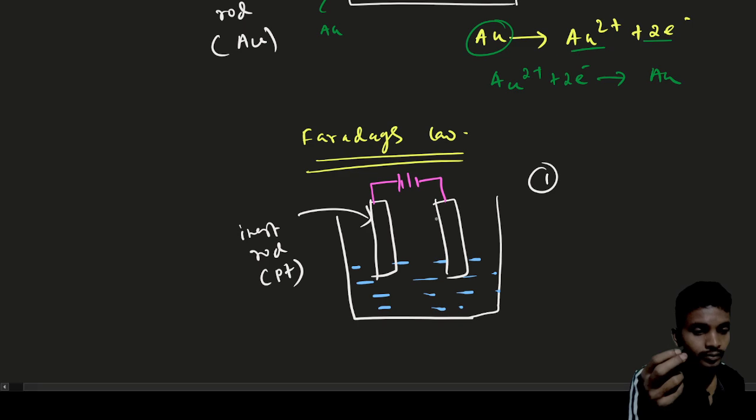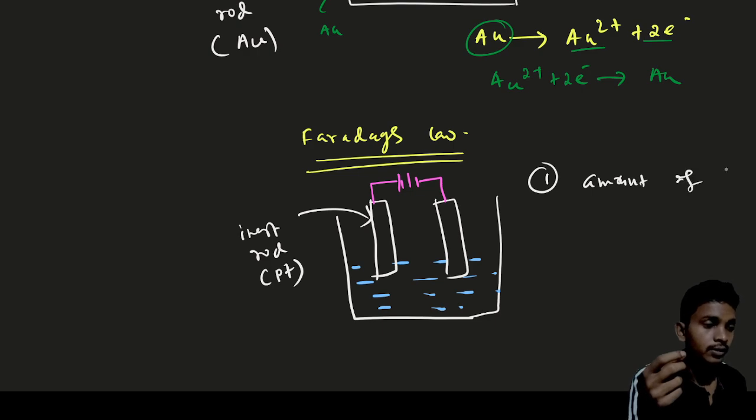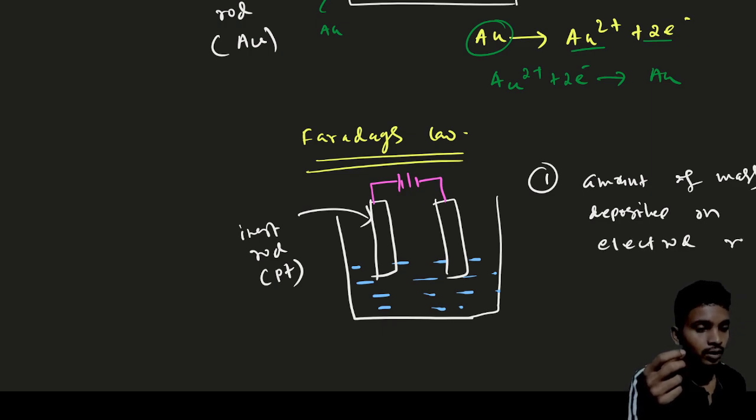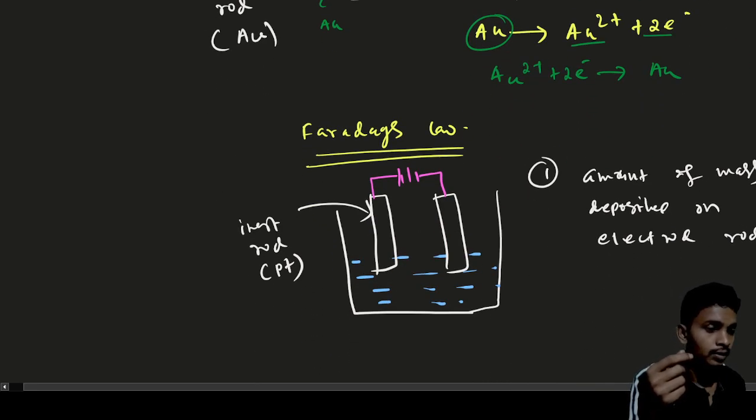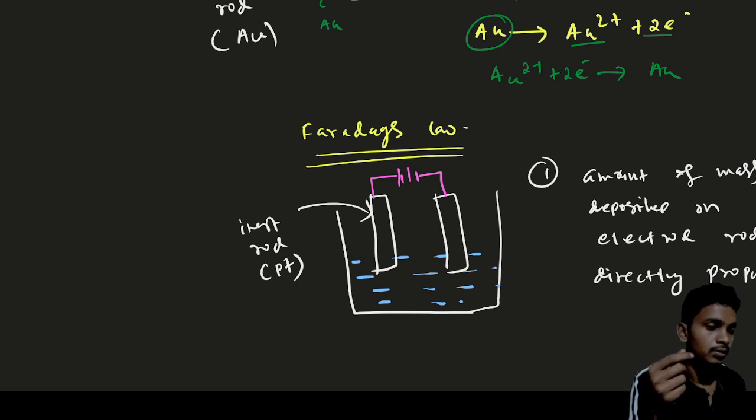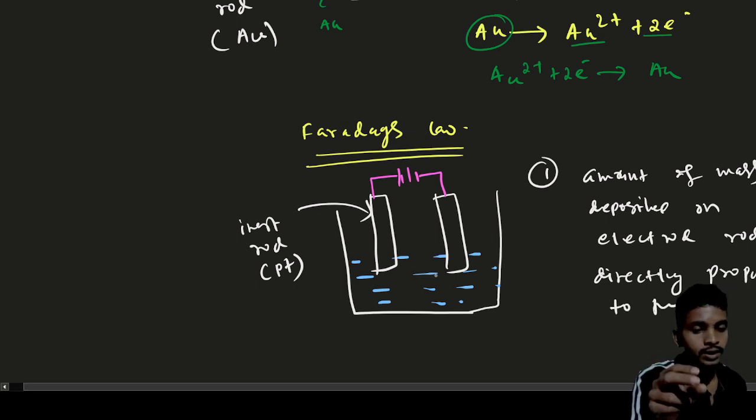The amount of mass deposited on the electrode rods, or for gases, the amount of gas liberated on the electrode rod, is directly proportional to the charge passing through the solution.